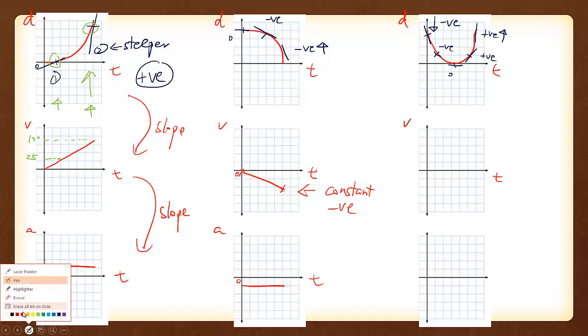So in the VT graph it starts from a very negative number and then goes to 0. You can try to draw the dotted line to help yourself. I should get a better point actually.